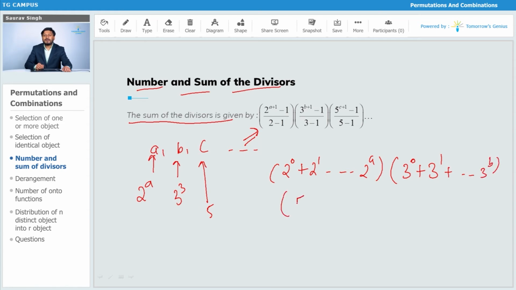Similarly for 5, 5 raised to the power 0 plus 5 raised to the power 1 up to 5 raised to the power c and so on.